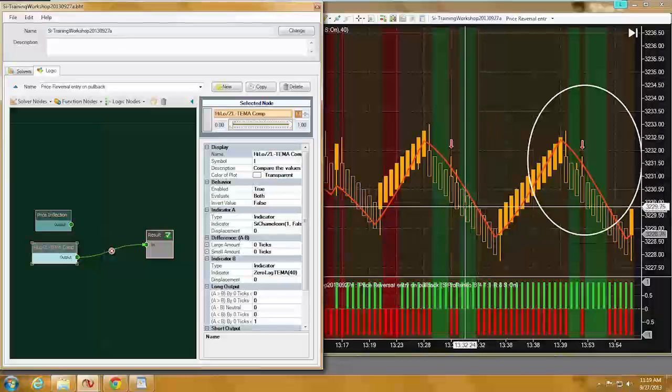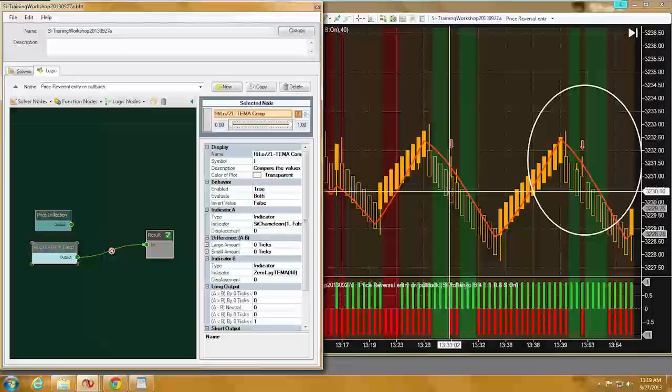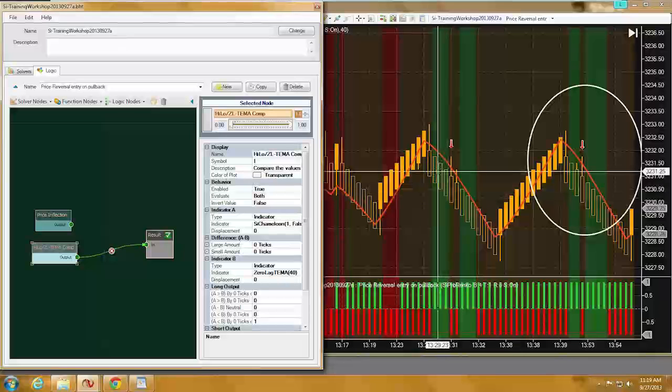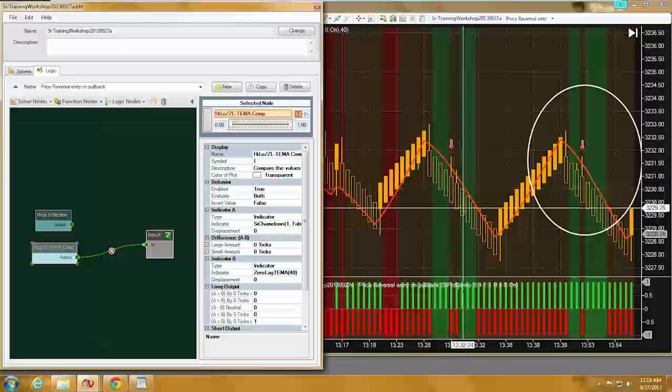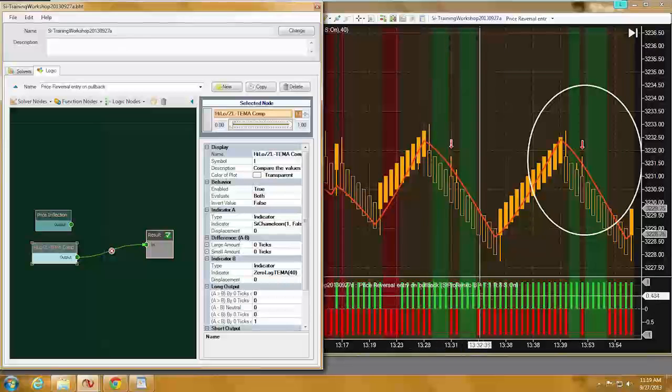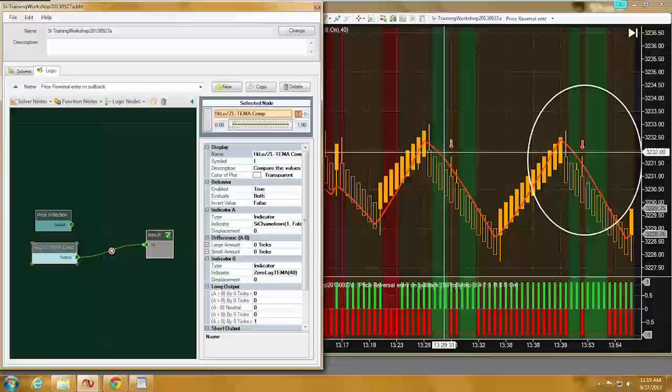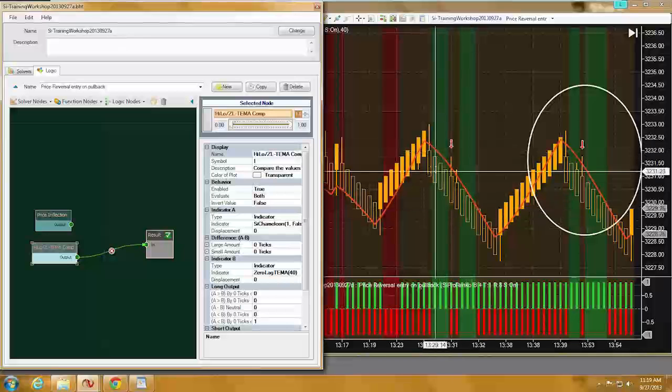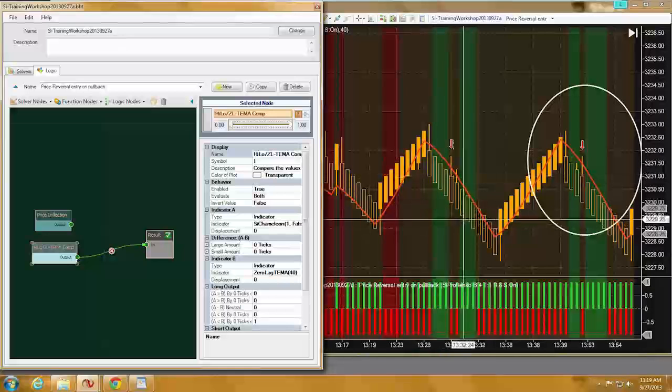Essentially I want to make sure that the signals I'm getting are in the same direction as the bar. See all these long signals here? I can eliminate all of these just based on the bar direction, because the bars are going down, so I want short signals.